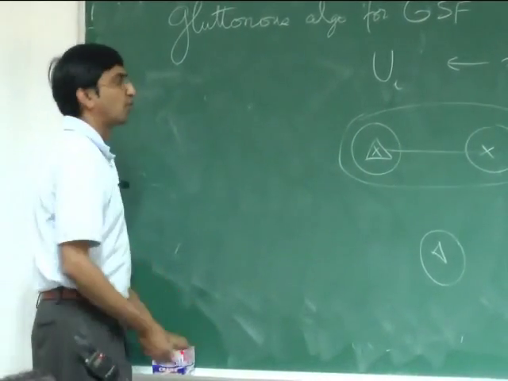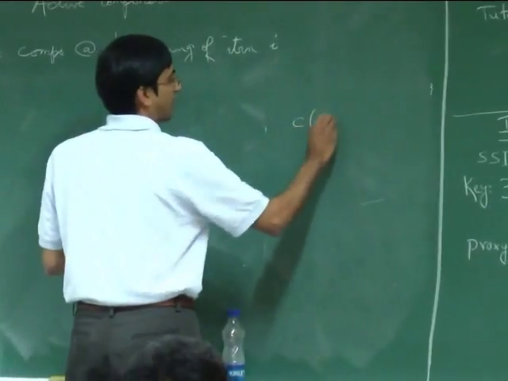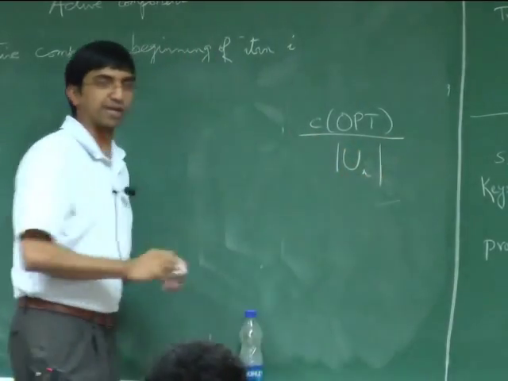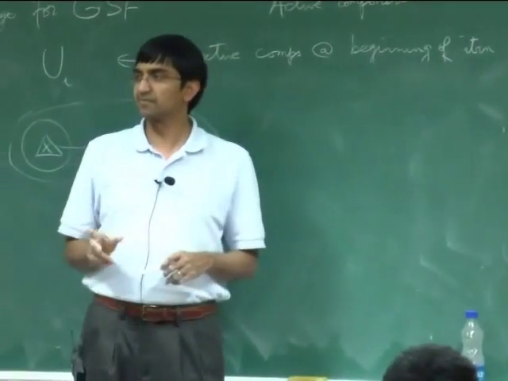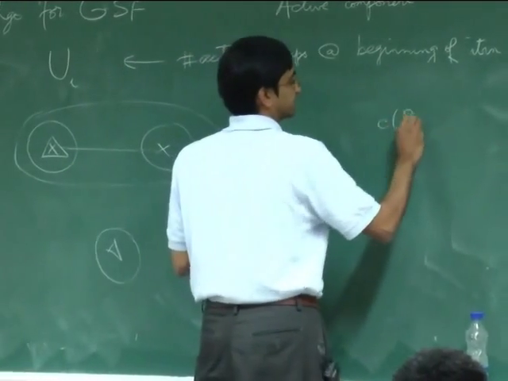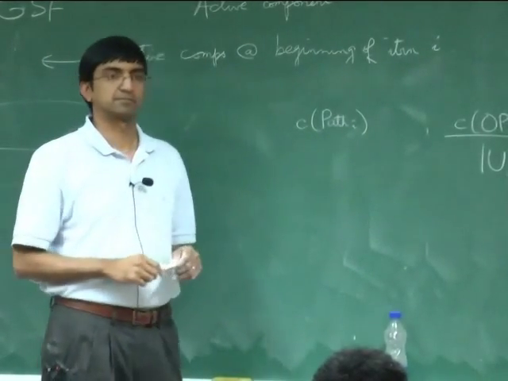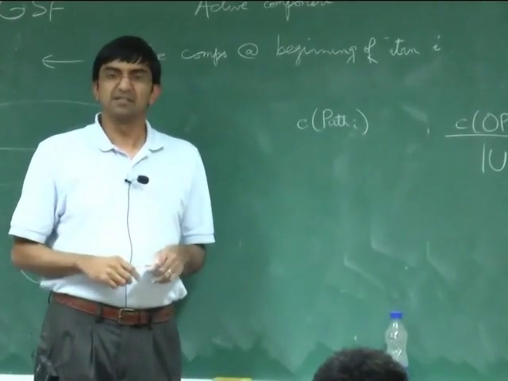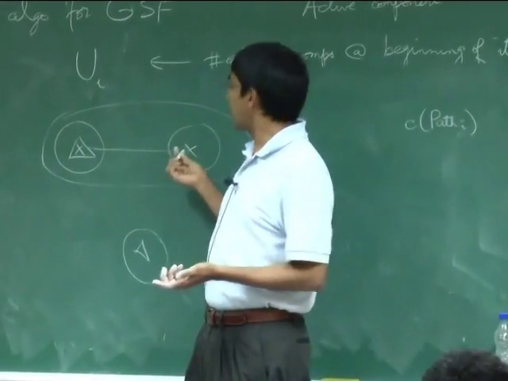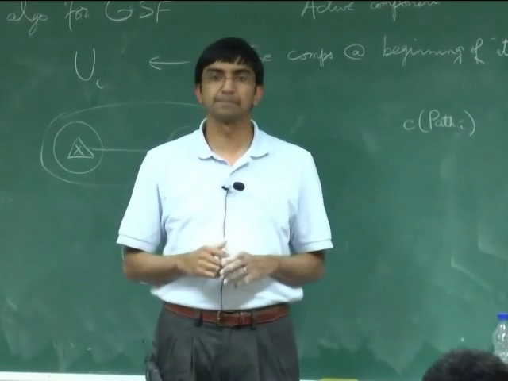So what should be the ratio lemma? Let's write the ratio lemma: cost of opt divided by UI. That's what I want. What I am doing is adding a path. In the best case, by adding a path, how much am I decreasing the number of active components by?